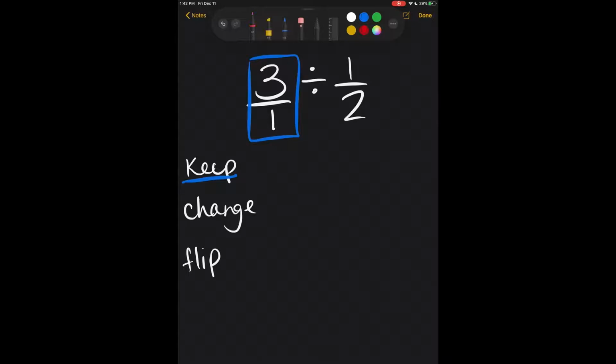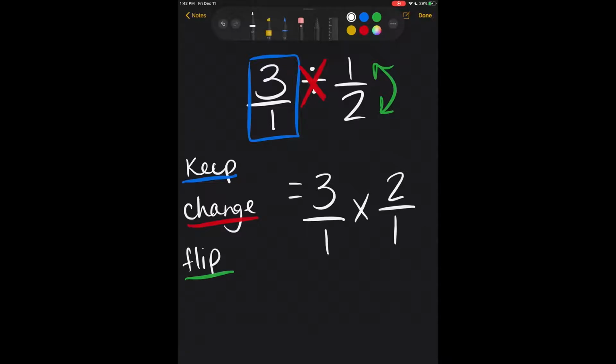So 3/1 stays 3/1. I change my division to become multiplication, and then I flip my second fraction. So instead of it becoming 1/2, I would flip it to where it's now 2/1. So according to keep, change, flip, my problem is now 3/1 times 2/1.